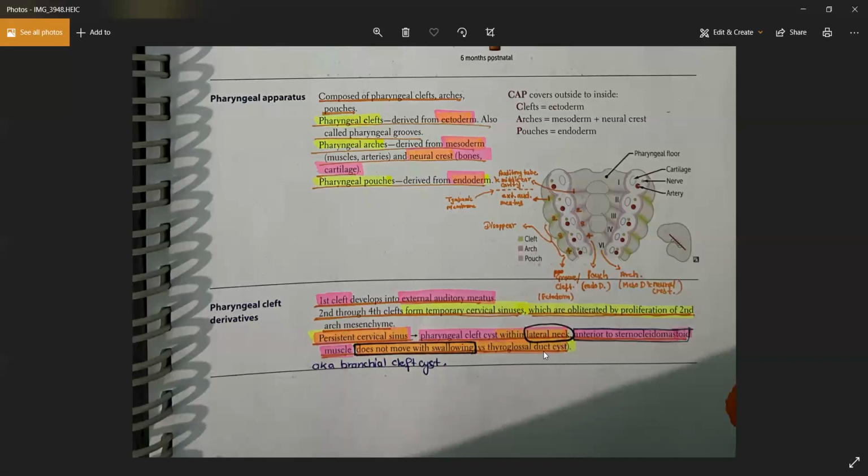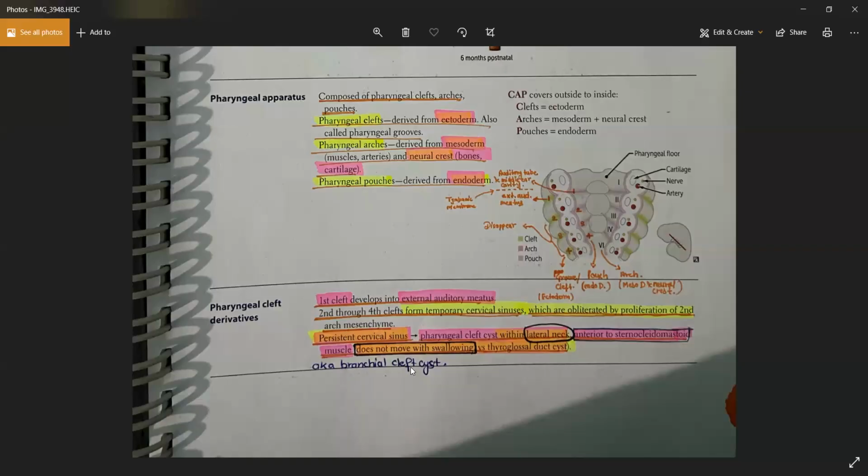So that's how we'll differentiate between the branchial cleft cyst, the thyroglossal duct cyst, and the dermoid cyst. The branchial cleft cyst will be found on the lateral side of your neck, just anterior to the sternocleidomastoid. The thyroglossal duct cyst will be found in the midline, will move with swallowing, and will present early after birth.